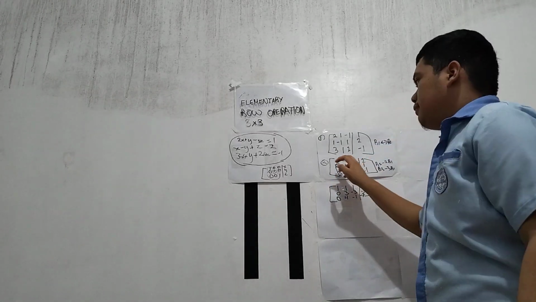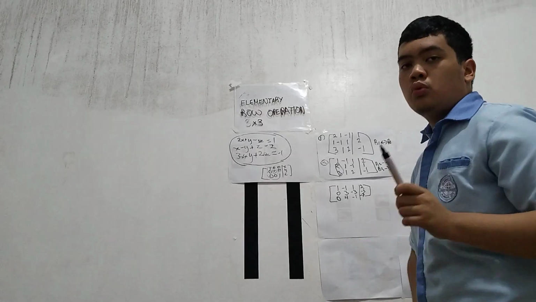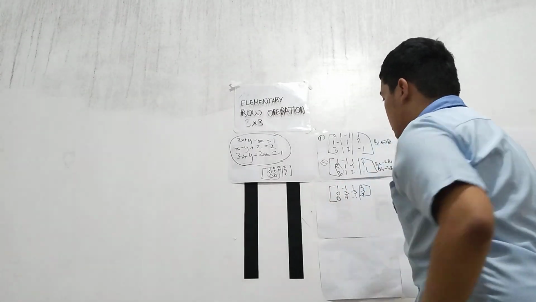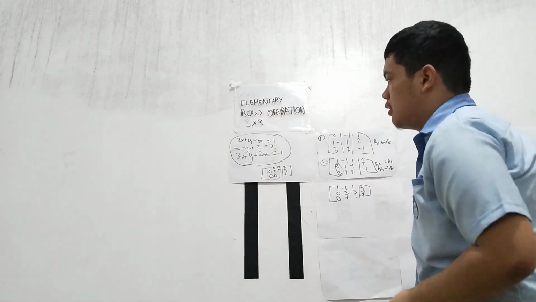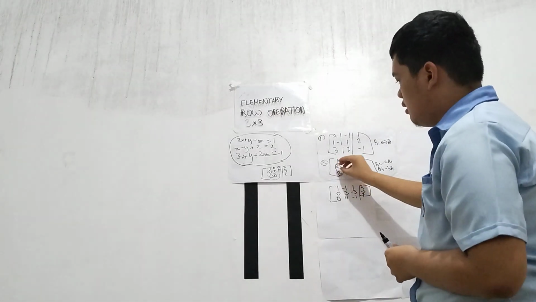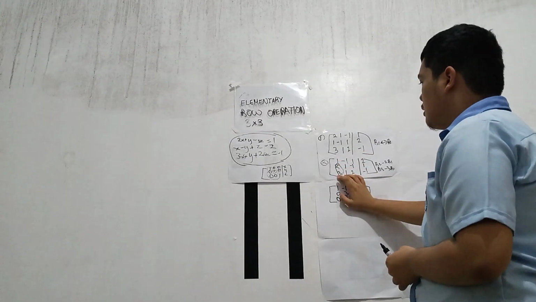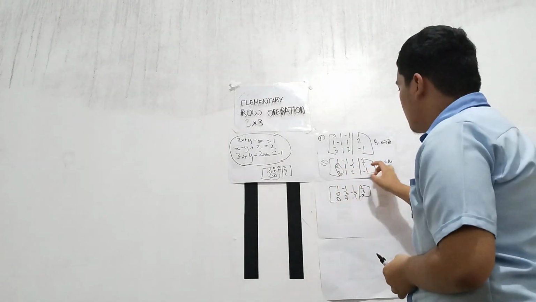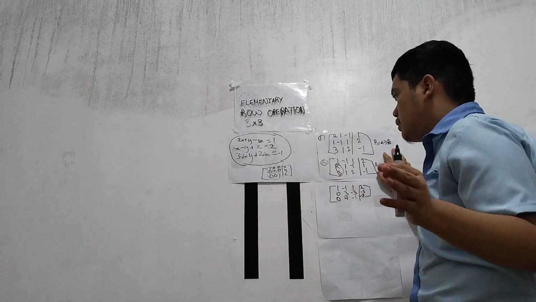Our second augmented matrix is 1 negative 1 1 2, and 2 1 negative 1 1, and 3 1 2 negative 1, and we need to make a 0 there. We need to make a 0 on rows 2 and 3. And how will we eliminate that?